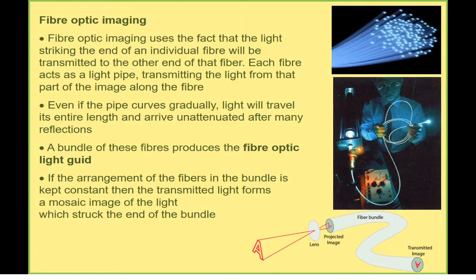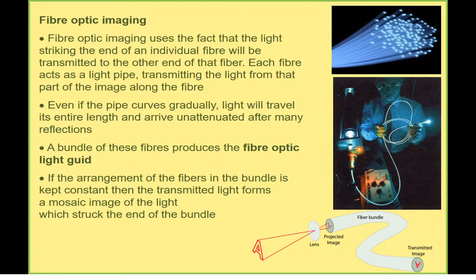Fiber optics imaging uses the fact that the light striking the end of an individual fiber will be transmitted to the other end of the fiber. Each fiber acts as the light pipe, transmitting the light from that part of the image along the fiber. Even if the pipe curves gradually, light will travel its entire length and arrive unattenuated after many reflections.